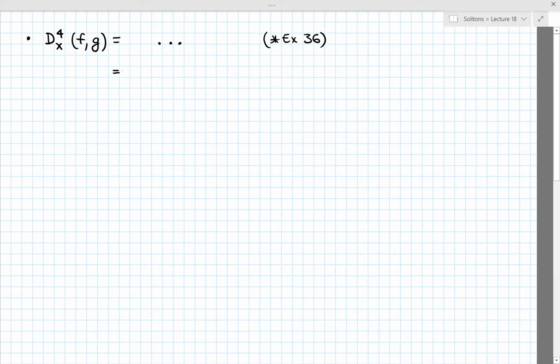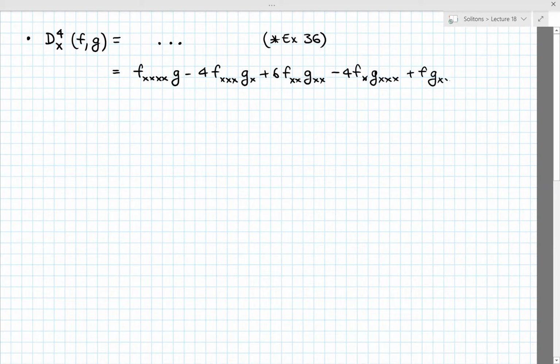And when you do that, the result that you find is that this is fxxx times g minus 4 fxxx times gx plus 6 fxx gxx minus 4 fx gxxx plus f gxxxx.